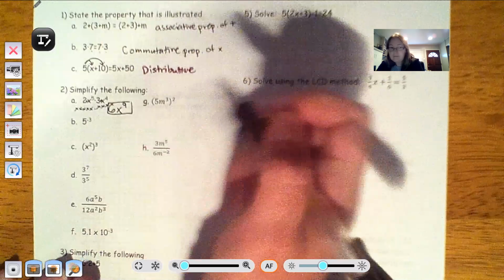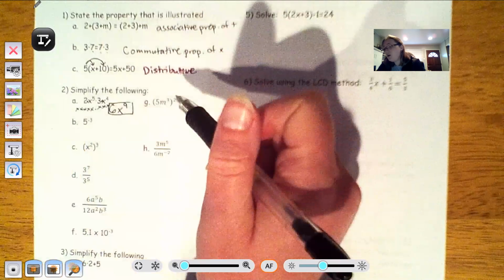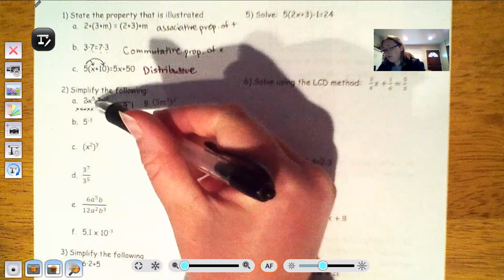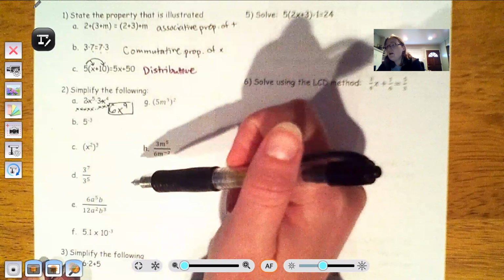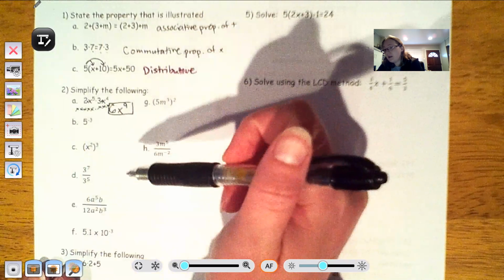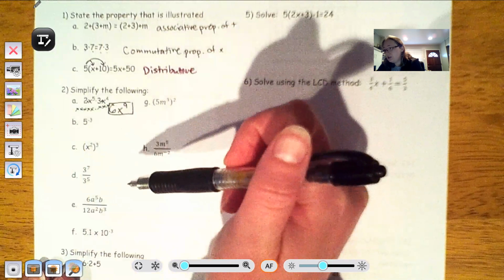So on the test, would we need to show that work? Because I just did it in my head. Is that okay? Yeah, that'd be fine. There's not much work involved there. If you're just adding things together or multiplying things together, you don't need to show work.